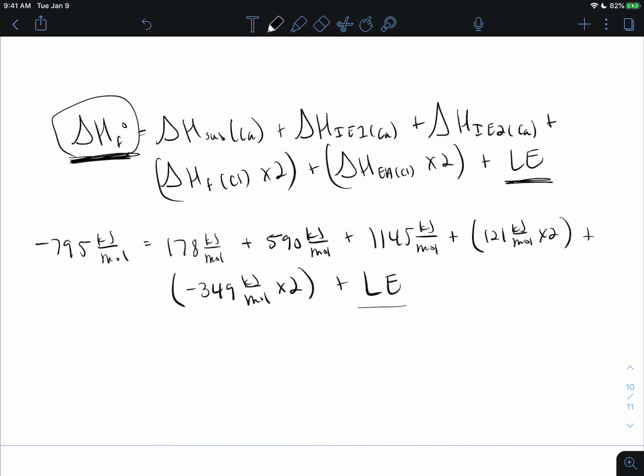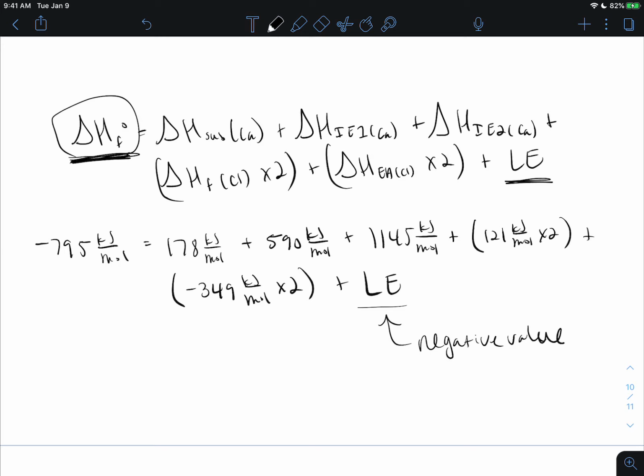So our lattice energy here is going to be a negative value. Okay, so it's going to give us our lattice energy in the terms of combining the ions. So when you're looking at your sign here, keep in mind what these energies mean because they give some weird energies sometimes.